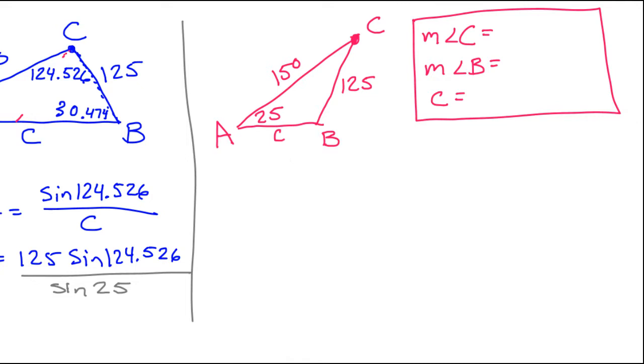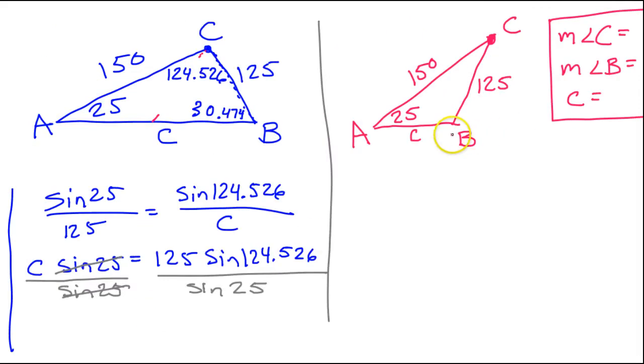So the bottom line is going to be that the acute angle B that we found before and the obtuse angle B that we're about to find now are supplementary. They are going to add up to 180.